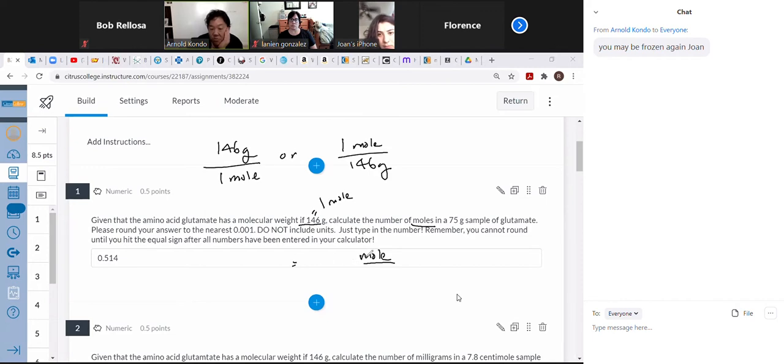The only way we can get moles on top using the given is to put 1 mole over 146 grams. The only way to get rid of grams is to put the 75 grams on top, so the grams cancel out. That's where we isolate the unit to be in the final answer.